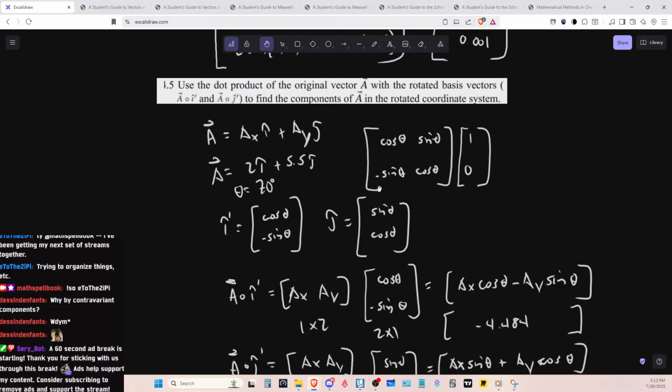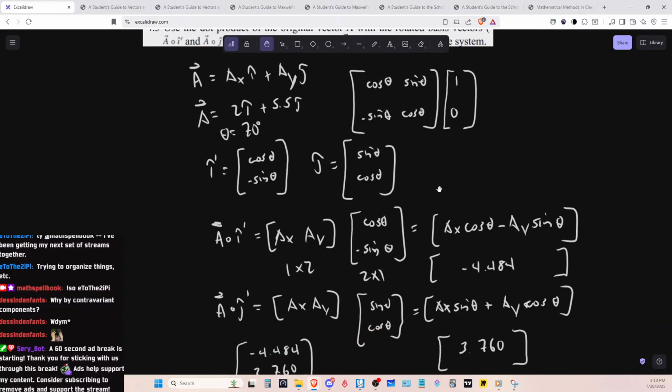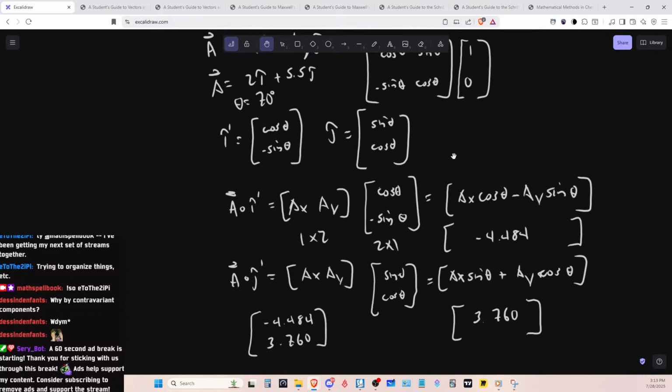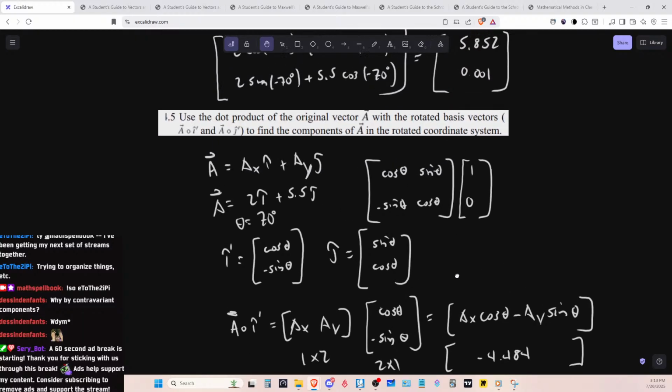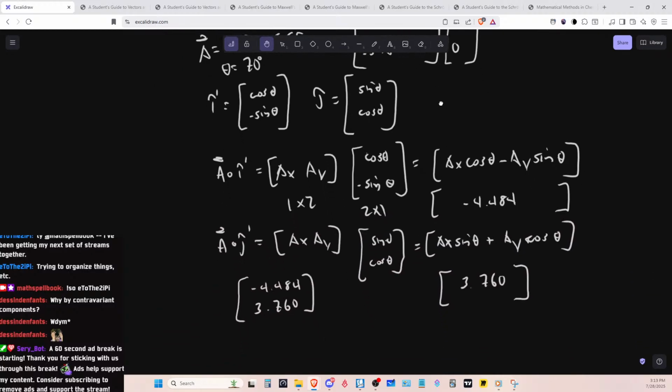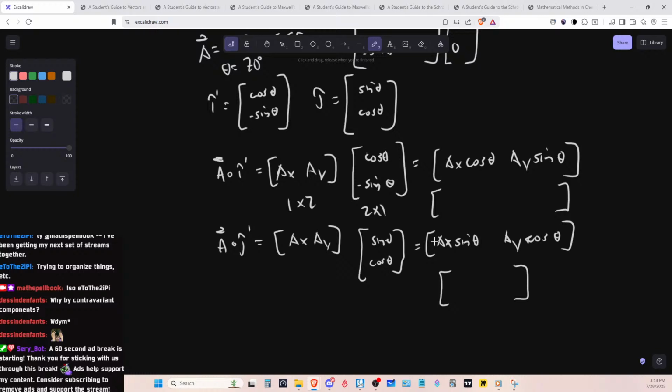Okay, so I think I wrote the wrong rotation matrix here. This is not right, and this is not right. So I think this has to be this.